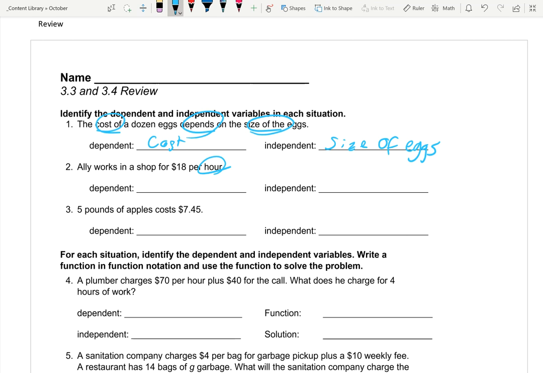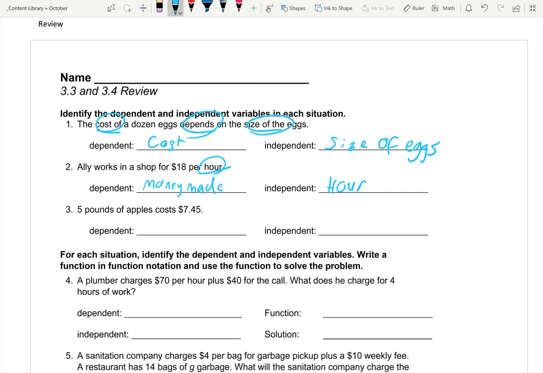So the independent variable is the hours she would work, because that's what she can control, that's what she can fluctuate, and depending on that will be the amount of money she makes. That will affect how much money she makes overall. So let's see, I guess money made, we'll just say that. Money made or money earned.